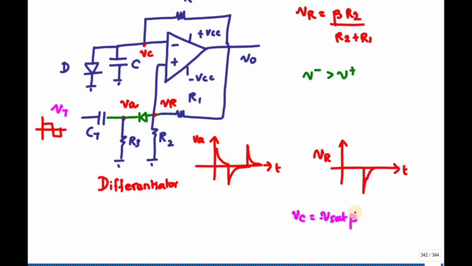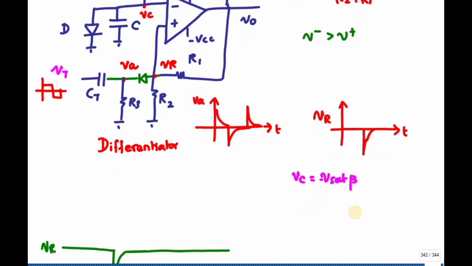once it reaches this minus V saturation, if the capacitance voltage goes less than this minus beta V saturation, what will happen?